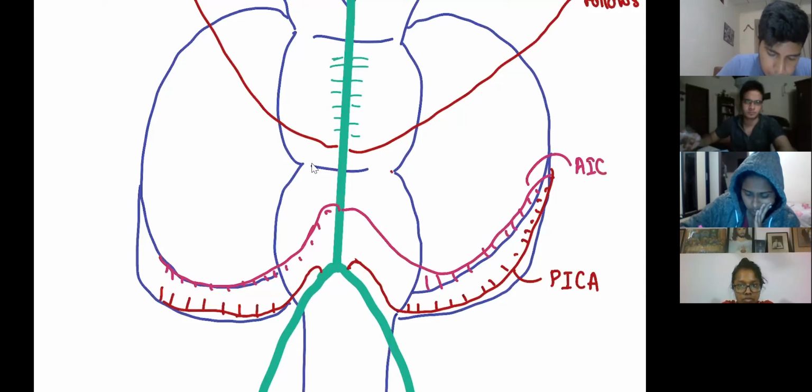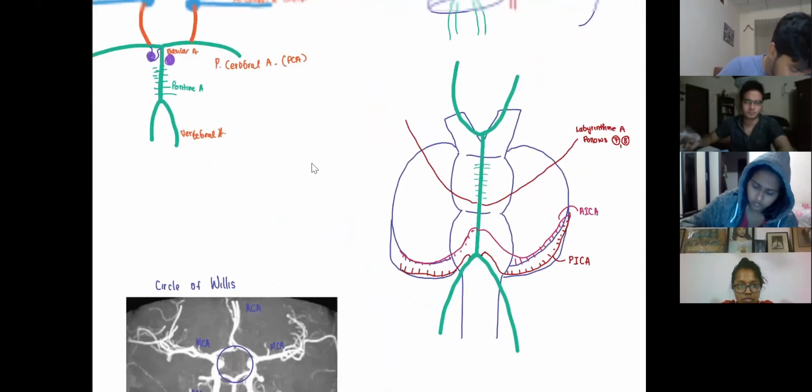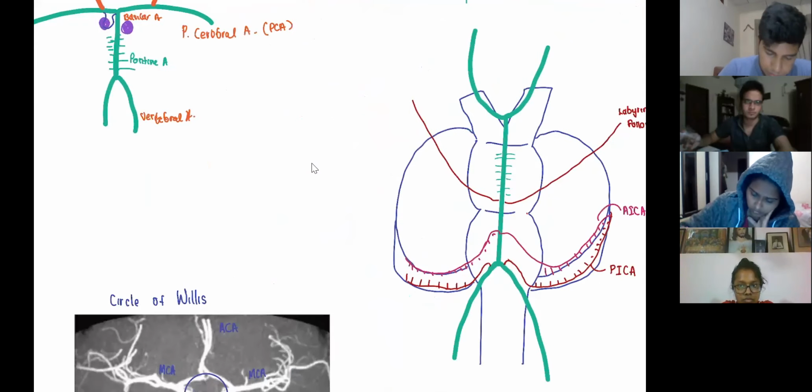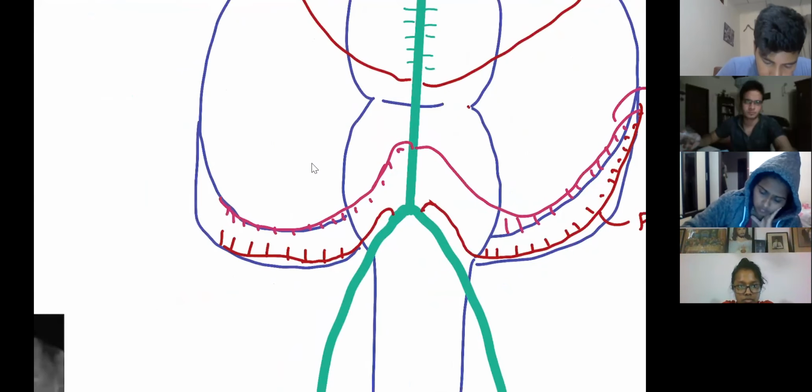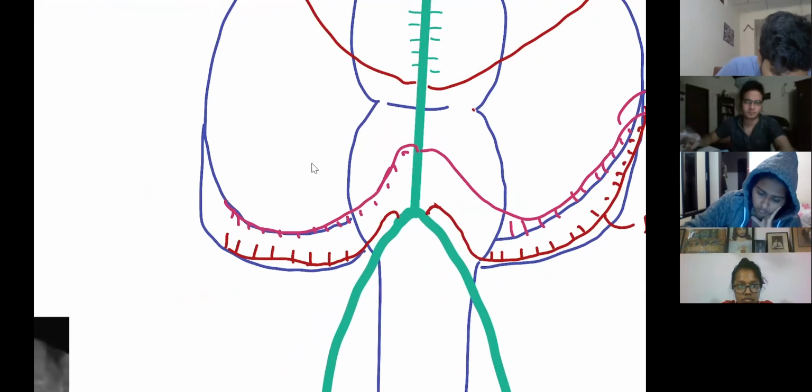Anterior inferior cerebellar artery. Guys, if you have any questions up to this point, please ask me, because if we continue from this point onwards and you don't understand a part, it will become difficult. Remember, when you draw this diagram, the areas which you see the blood vessels coming out from, it will supply all those areas.